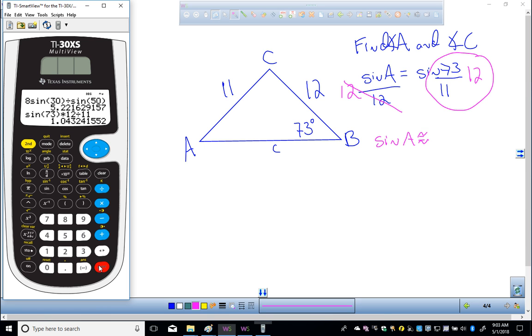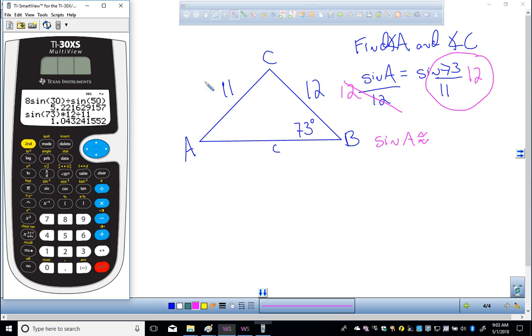I did something wrong. What happened? Sine of 73 is to 11 as sine of A is to 12. I multiply both sides by 12 divided by 11. What's wrong?